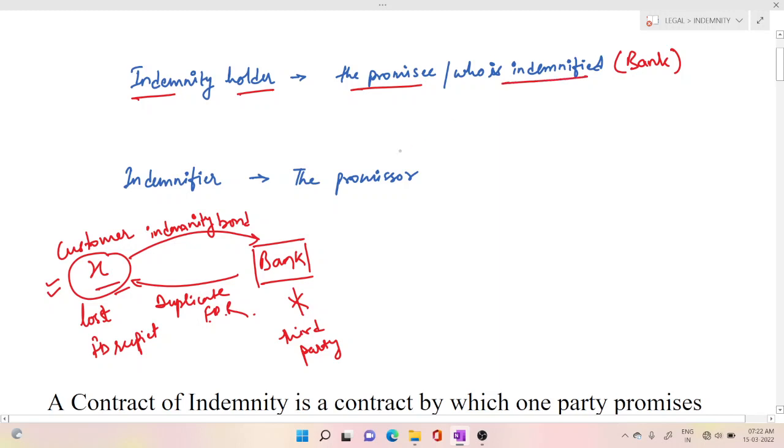Indemnified by whom? By the indemnifier, the promiser. In this example, customer X is the indemnifier, the one who is indemnifying and making the promise. And the promisee, the one taking the promise, is the bank in this case.